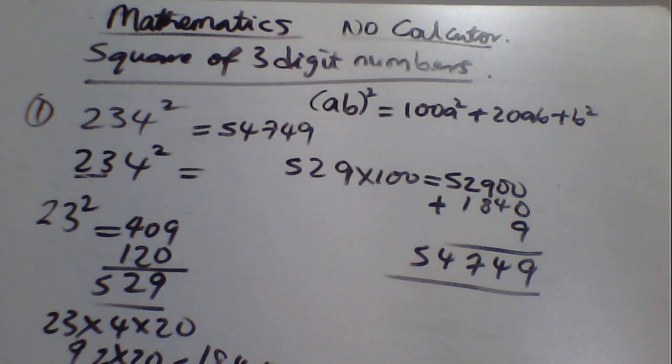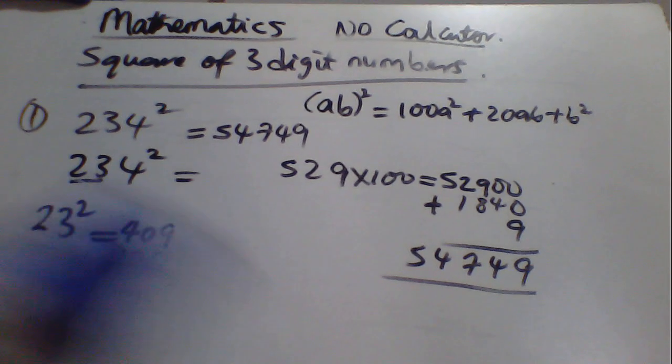I hope you understand it. Have any question? Now let's look at the next example. In this next example, you'll be able to understand what we are doing if you haven't understood it.